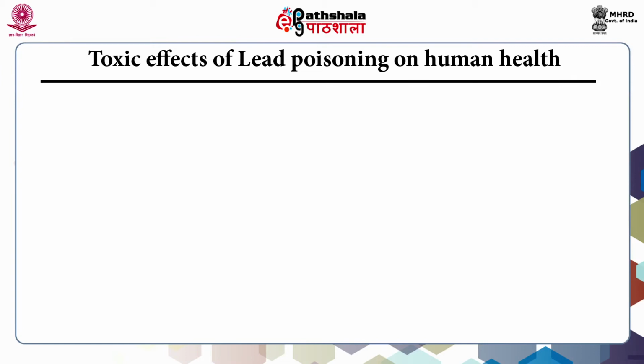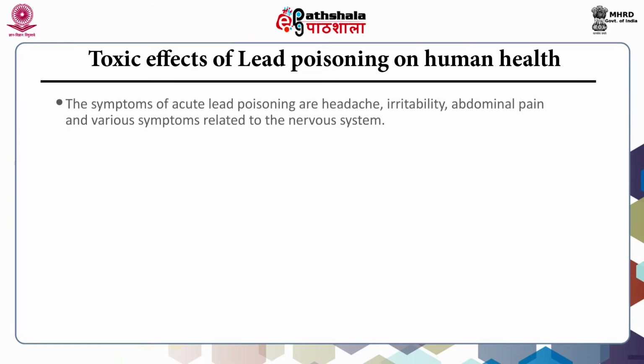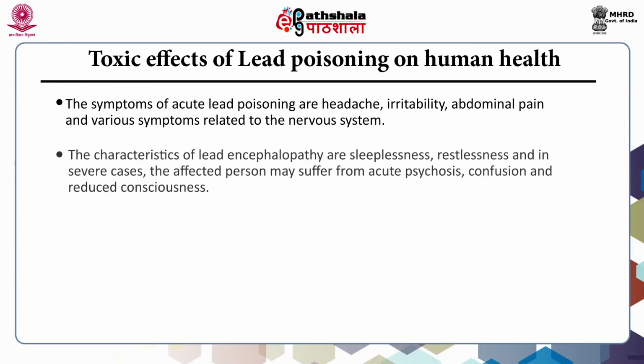Toxic effects of lead poisoning on human health. The symptoms of acute lead poisoning are headache, irritability, abdominal pain and various symptoms related to the nervous system. The characteristics of lead encephalopathy are sleeplessness, restlessness and, in severe cases, the affected person may suffer from acute psychosis, confusion and reduced consciousness.